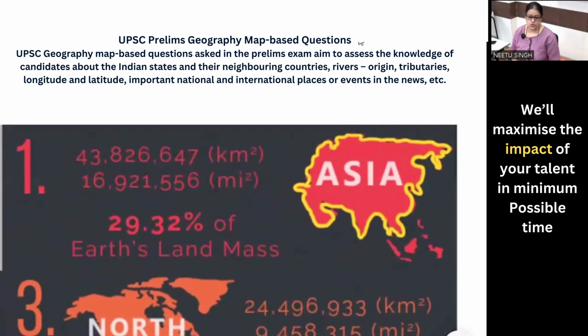एशिया, the largest continent of the world, is accounting for approximate 30% of the Earth's landmass. Done. Largest continent with the 30% of the total landmass of the world. एशिया में आप West Asia, South Asia, South East Asia demarcate करते हैं.